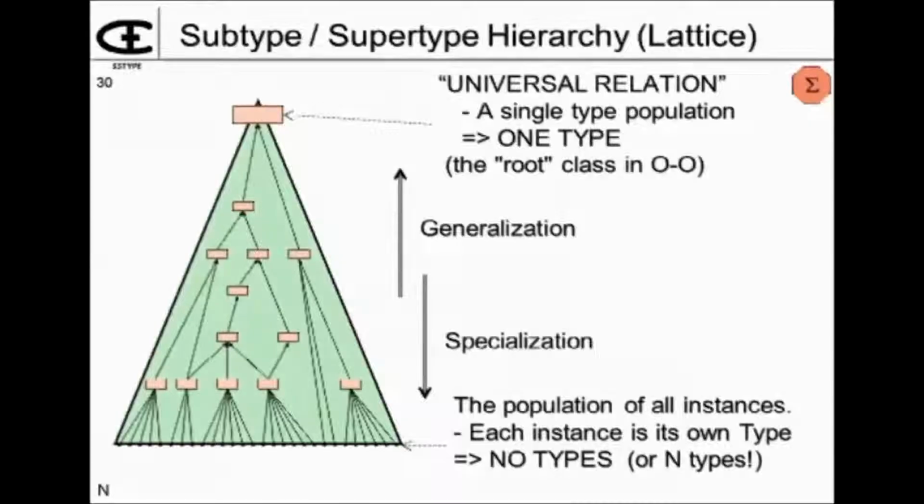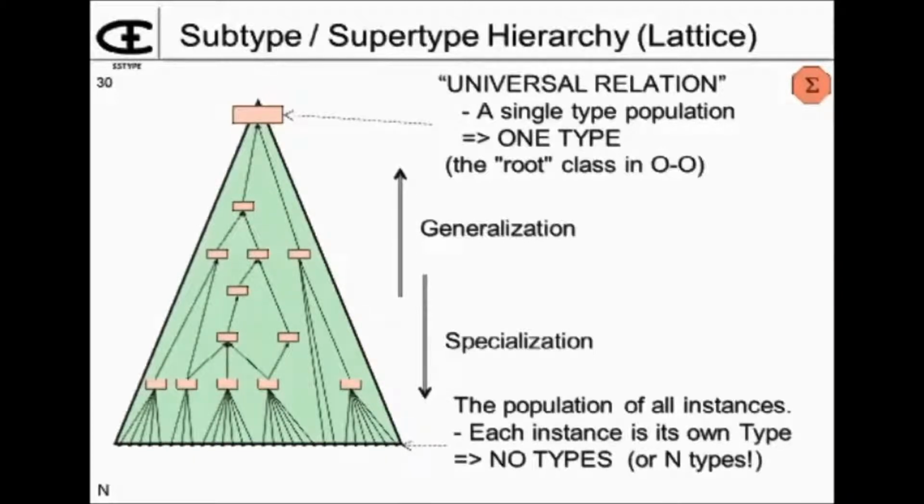I've been speaking of it as a hierarchy, but it's not actually a hierarchy. What we're doing as we move up is putting members of subtypes into bigger and bigger supertypes.